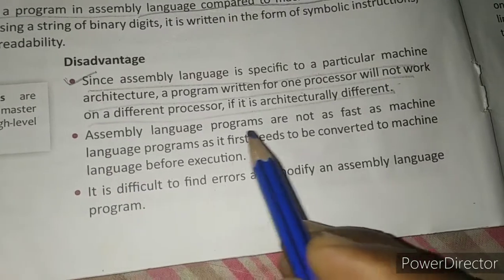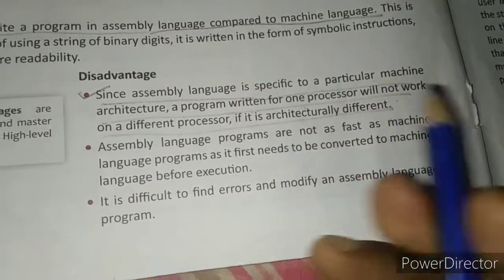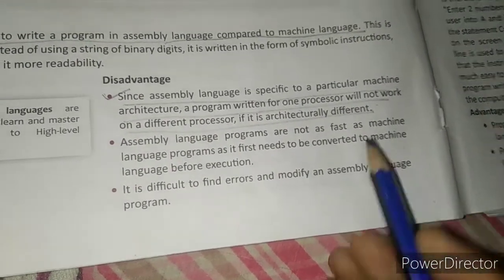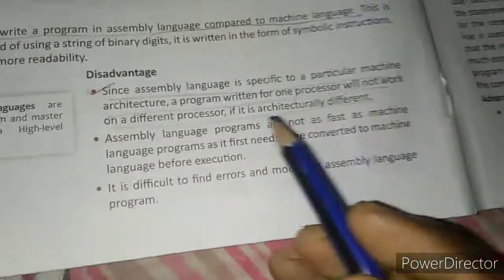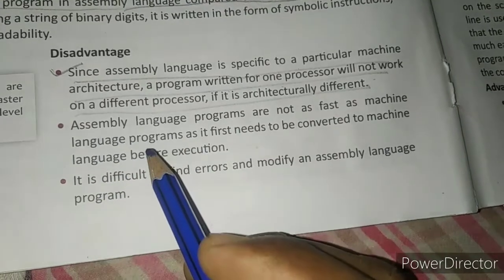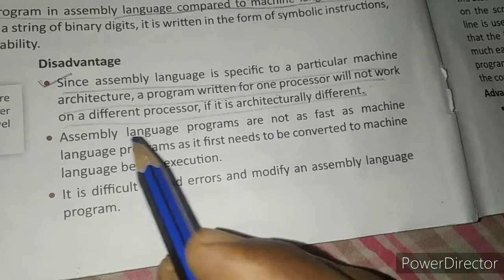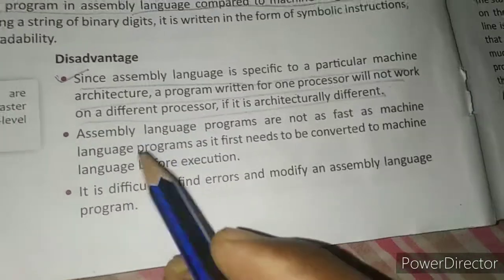Assembly language programs are not as fast as machine language, because here the translator uses some time, right? And this time delays the program. So a program written in assembly language is not as fast as a program of machine language.